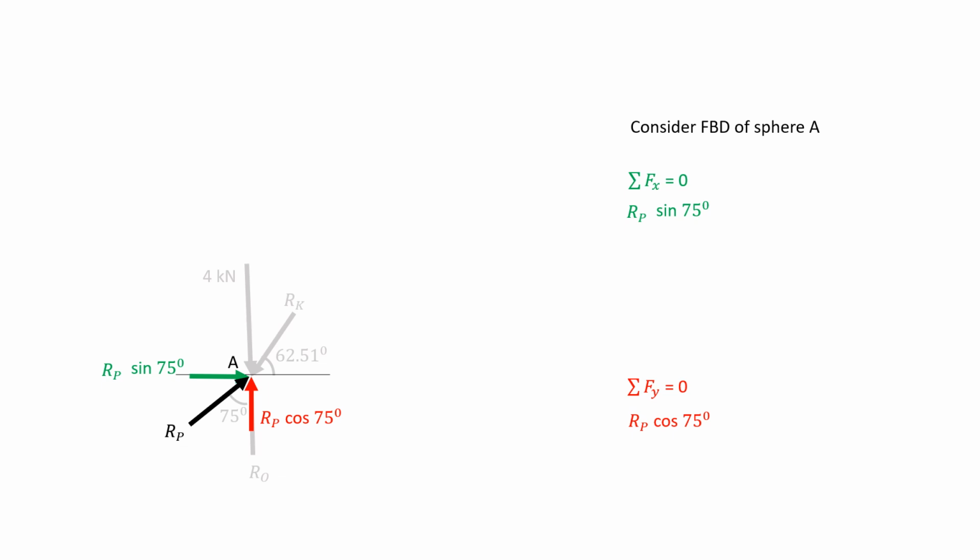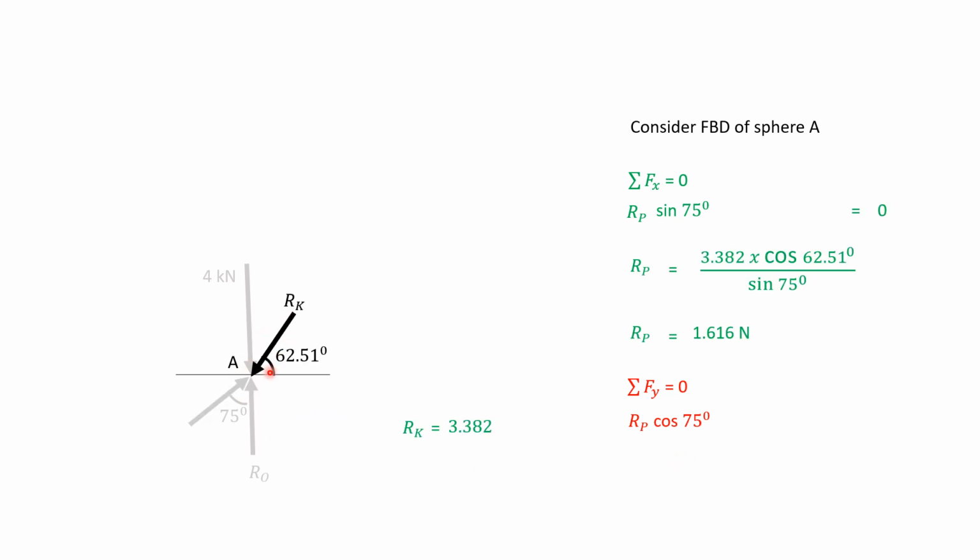Now resolving RK horizontally, it is RK cos 62.51 degrees, directing towards negative x-axis, so minus RK cos 62.51 degrees, equating to 0.